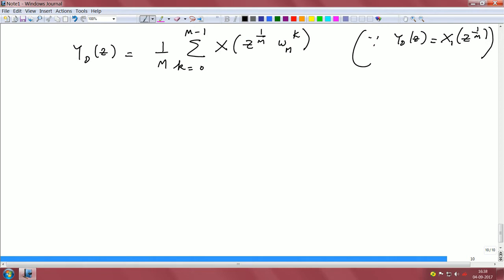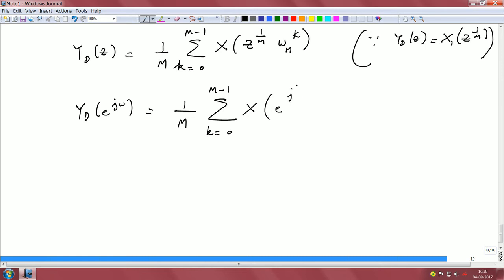Now let us work back what it is in the Fourier domain. So if I look at Yd of e power j omega, it is 1 upon m, summation k equals 0 to m minus 1 X of, now we have to be careful here.